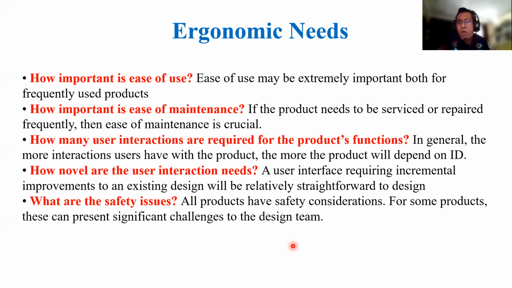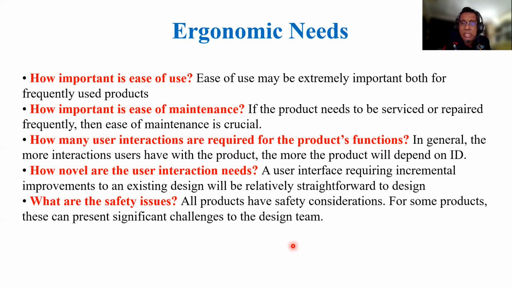And then, how many user interactions are required for the product to function, for example. In general, the more interaction the user has with the product, the more the product will depend on the ID, and the more the industrial designer should be involved in the design of this product.